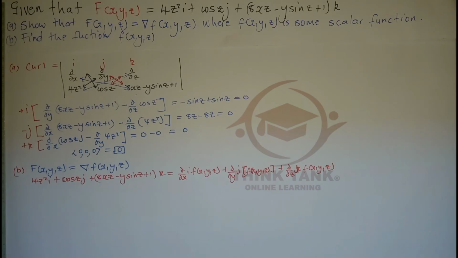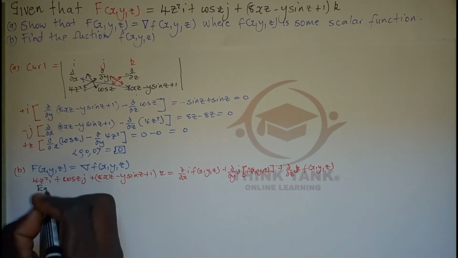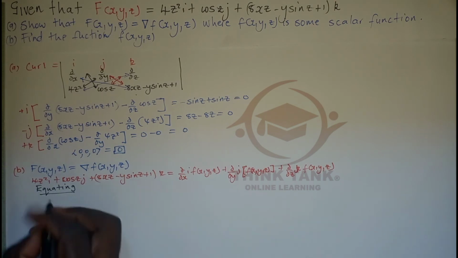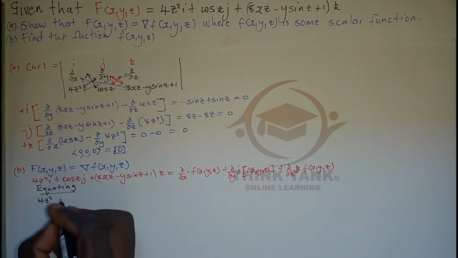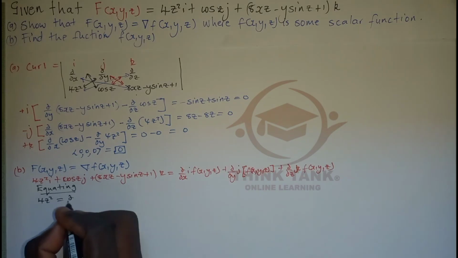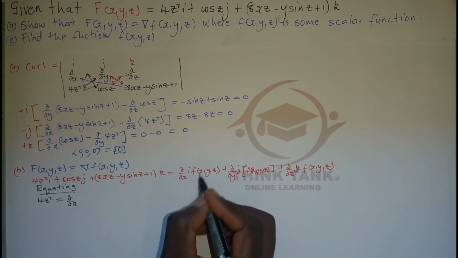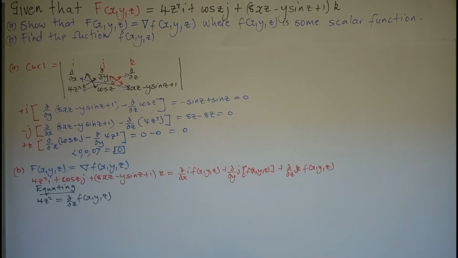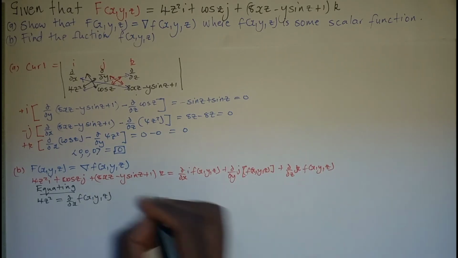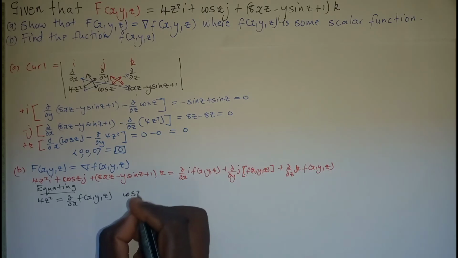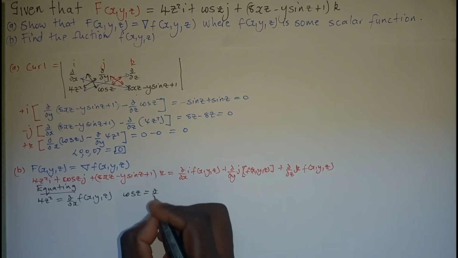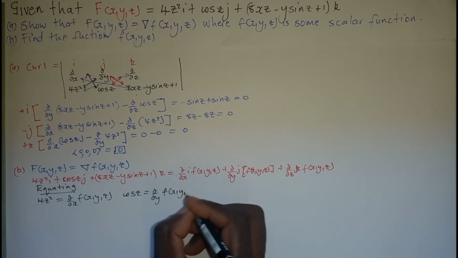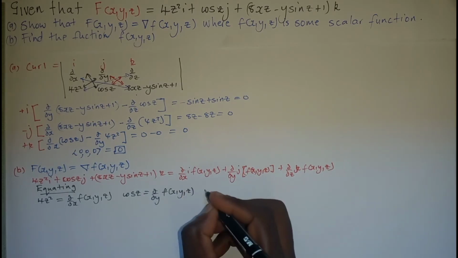Let's equate the components. 4z² equals partial x of f(x, y, z), cos z equals partial y of f(x, y, z), the j component, and 8xz − y sin z + 1 equals partial z of f(x, y, z).